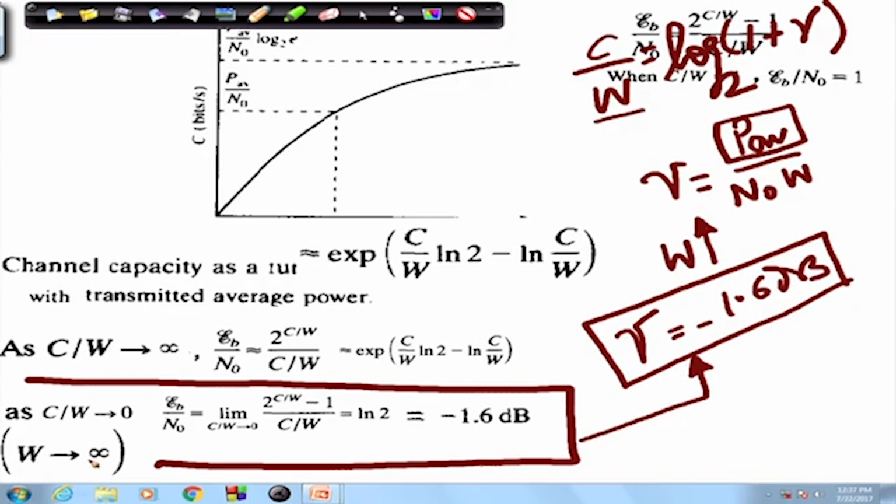This reminds us of the orthogonal signals, where we said that if you keep increasing k, the number of bits, that means you keep increasing M, that means you keep increasing the bandwidth, what is the limit on the signal to noise ratio that you reach? We did the calculation earlier, and found that you could reach a value of minus 1.6 dB. So, let us look at this result in the next discussion. Thank you.